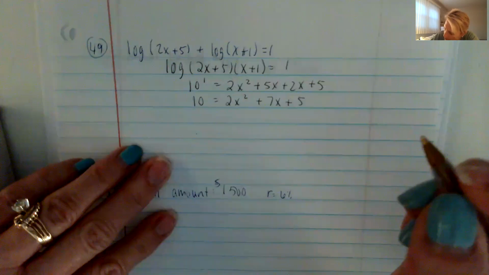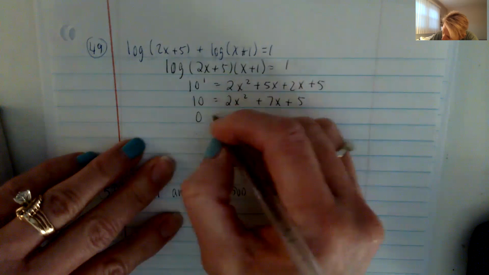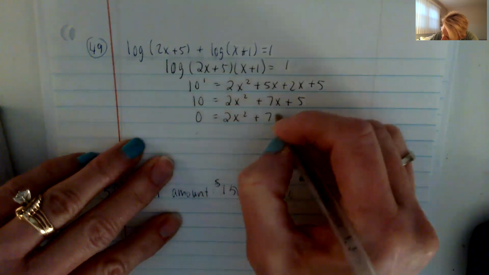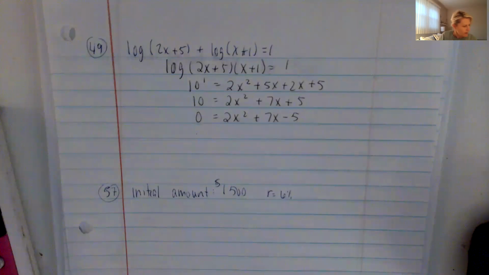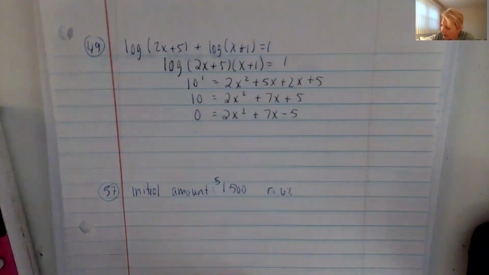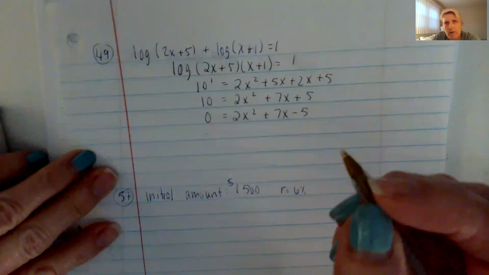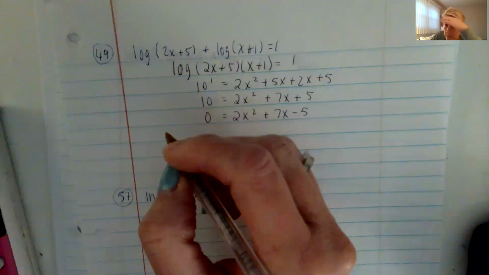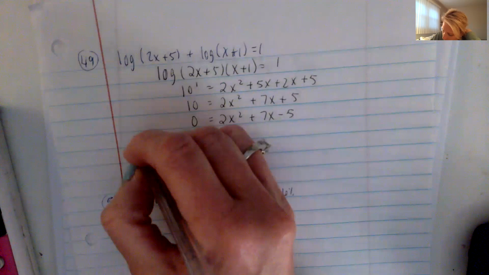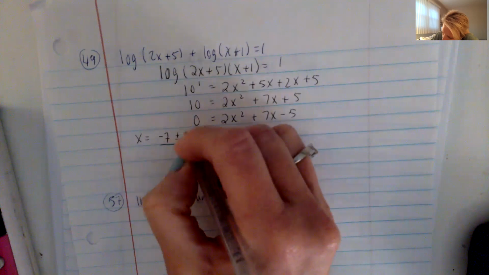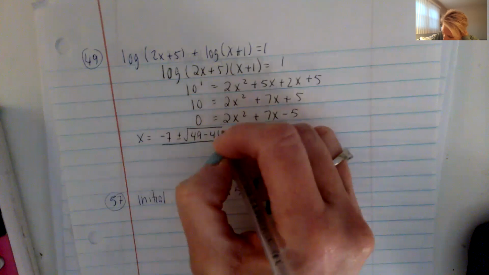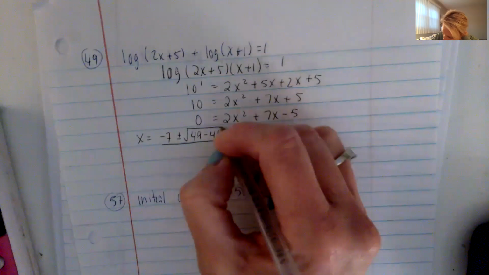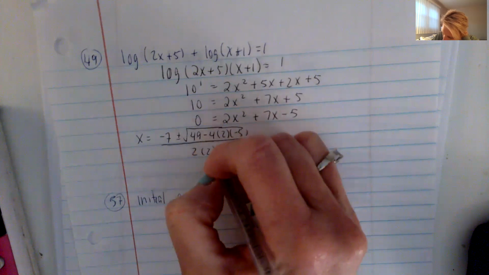So when we combine like terms, let's bring that to the other side. So we have 2x squared plus 7x minus 5. I don't know that that factors, and I can't do that quick enough, so let's do our quadratic formula. So x equals negative b plus or minus the square root of b squared minus 4ac, all over 2a.